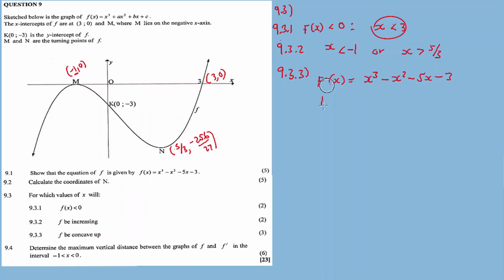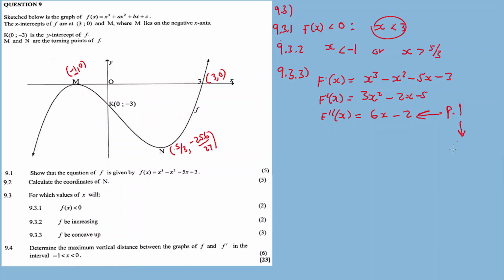So the first derivative is 3x squared minus 2x minus 5, and then the second derivative is equal to 6x minus 2.